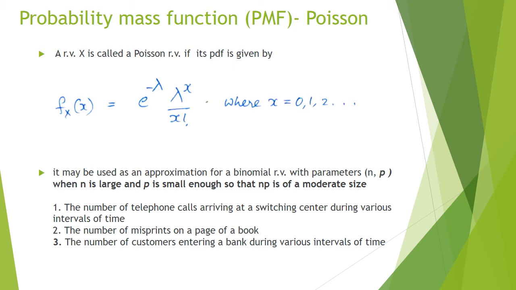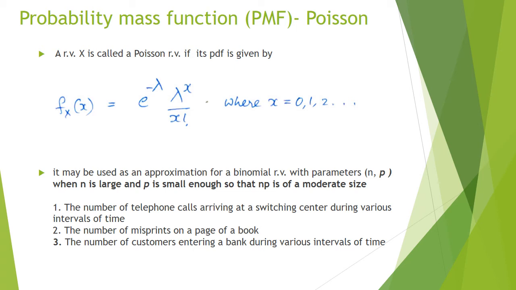The applications of this: in most cases it is measuring the time remaining in a queue. So it is used in queuing processes, like in a computer where programs are queued, or customers entering and staying in a queue. What will be the remaining time, if you want to calculate.